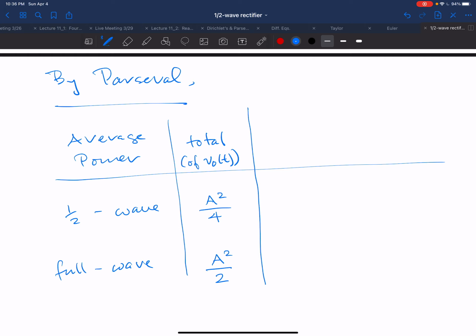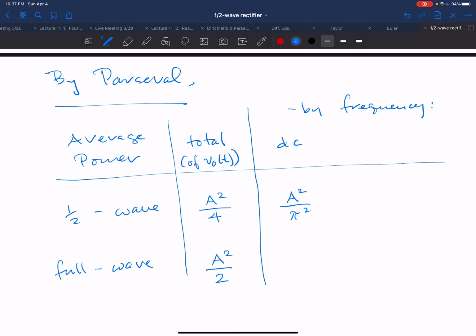Then what do we get if we break it up according to frequencies? Okay, at DC, in the case of the half-wave rectifier, we had a DC component of A over pi.